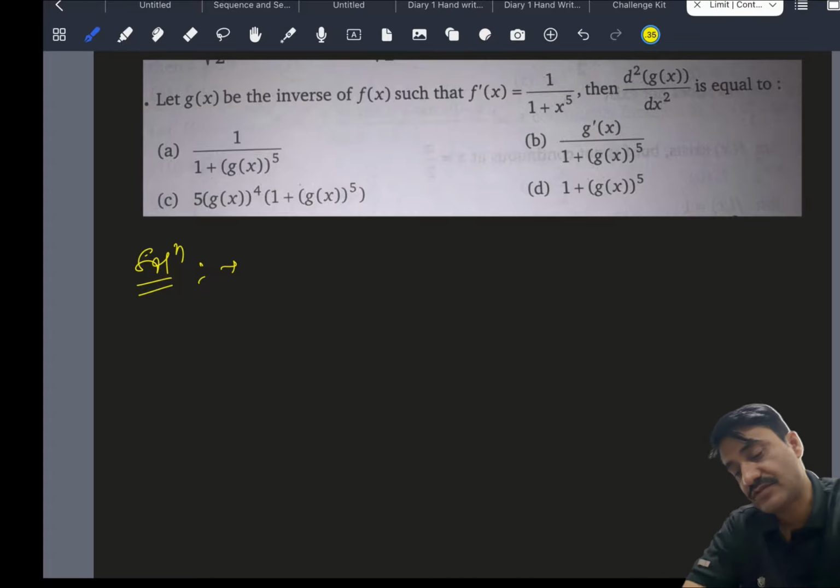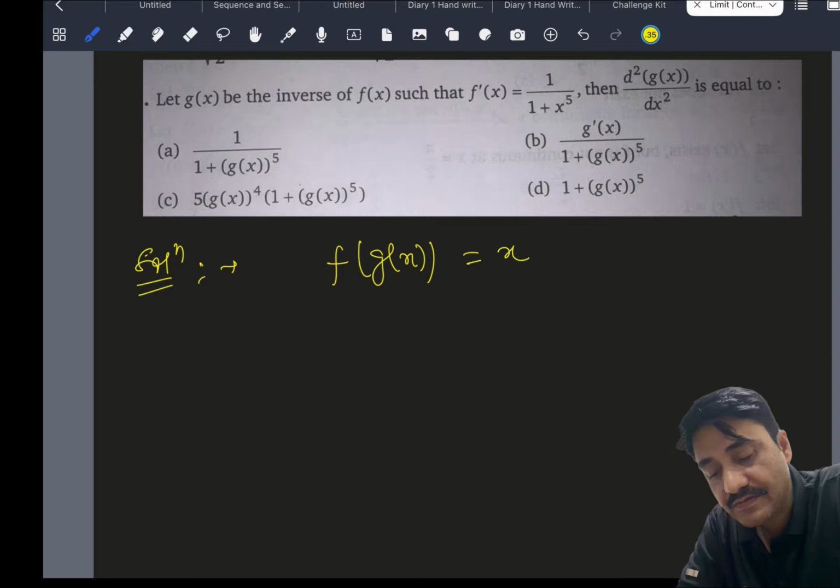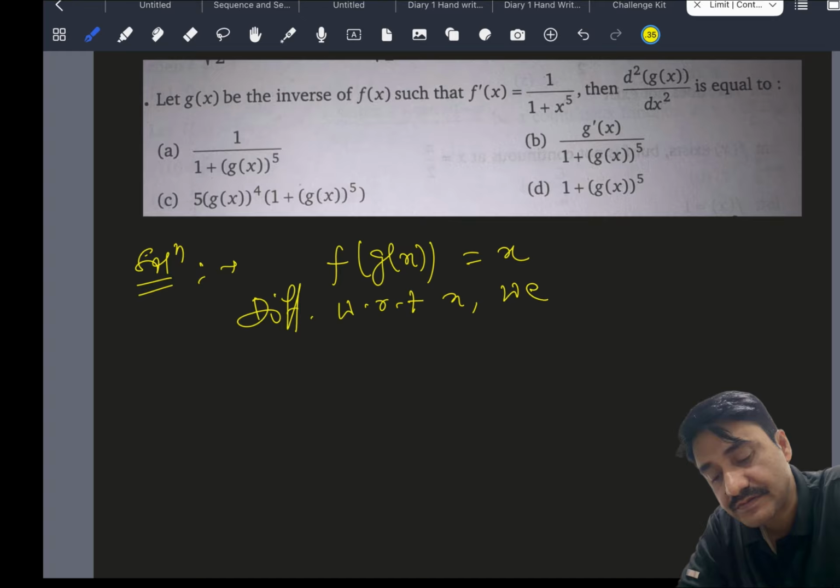Since g(x) is the inverse of f(x), so we can write f of g(x) is equal to x. Now differentiate it with respect to x.